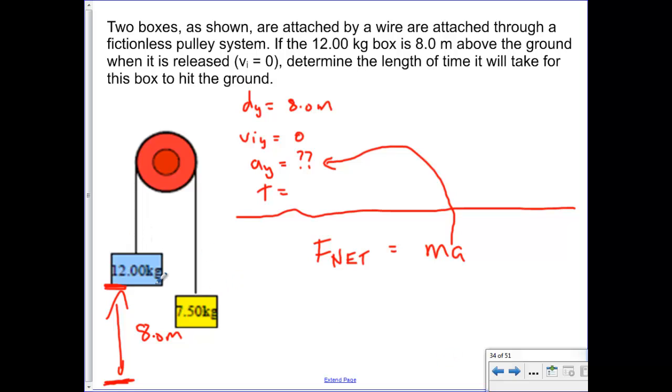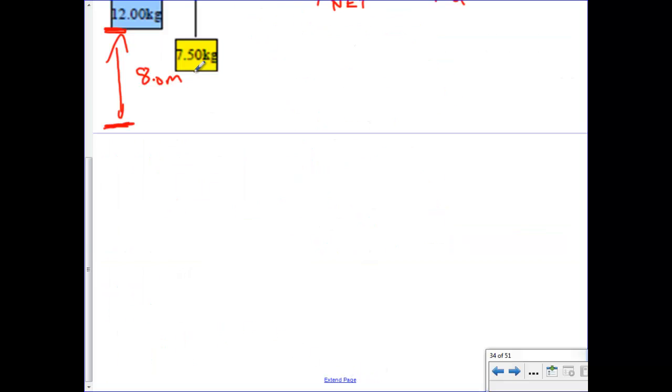Okay. So now we have to approach this from, well, what net forces are acting on this box right here? It's kind of tricky because this one's getting pulled down and this one's getting pulled down, I guess? Well, gravity is pulling down on this box, and gravity is pulling down on this box.